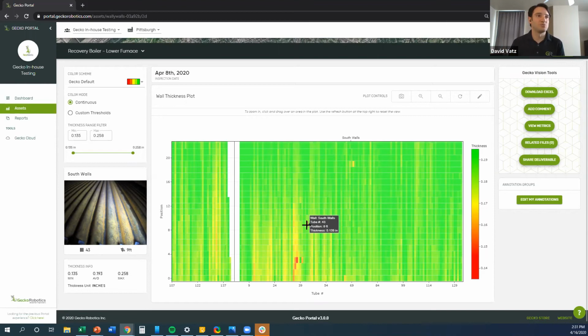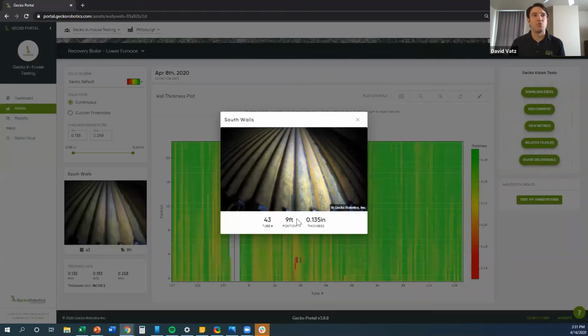So we'll go back to this one, tube 43, elevation 9, thickness is 135 mils. That 135 mils is the lowest reading we found in that one foot area. We can do different resolutions if you need. We can also go down to 3 inch, 6 inch, 12 inch, so that you get the data that you need. Obviously 12 million readings is not something you're going to be able to do a lot with, but knowing that all those readings were collected means that you can be certain that you didn't miss anything.